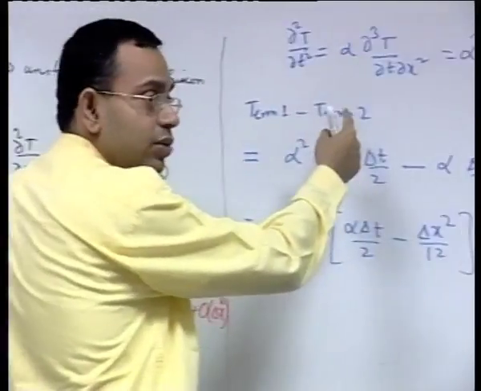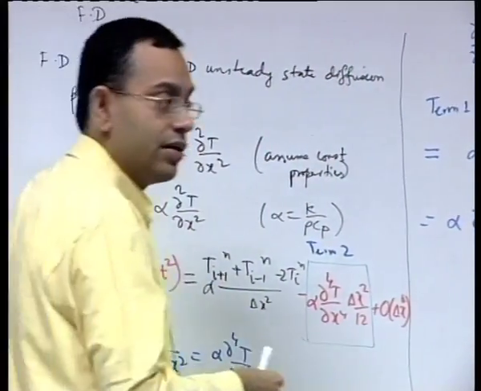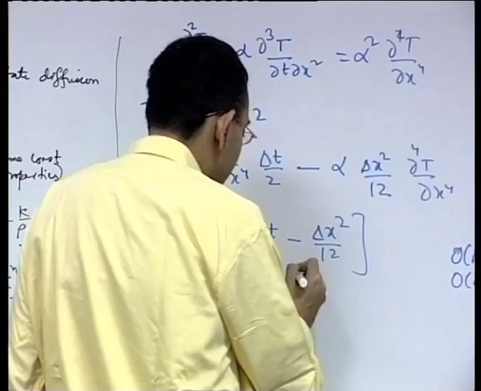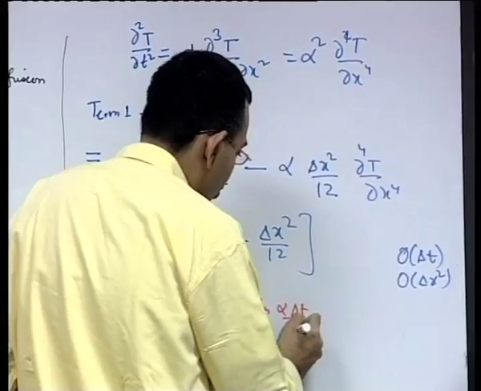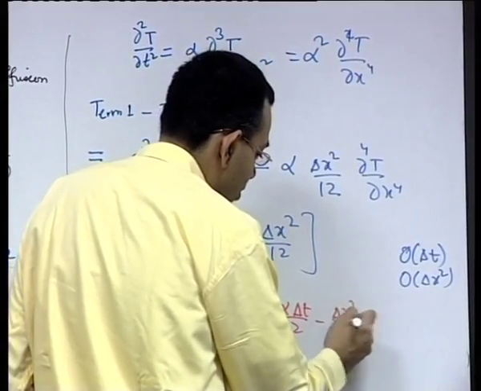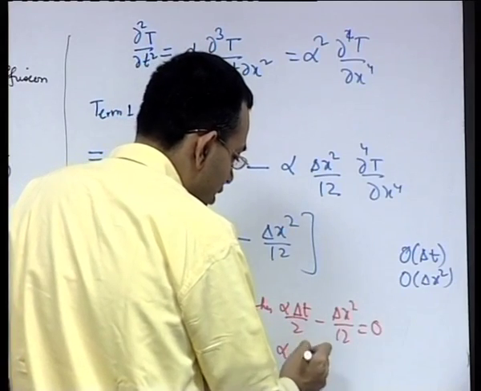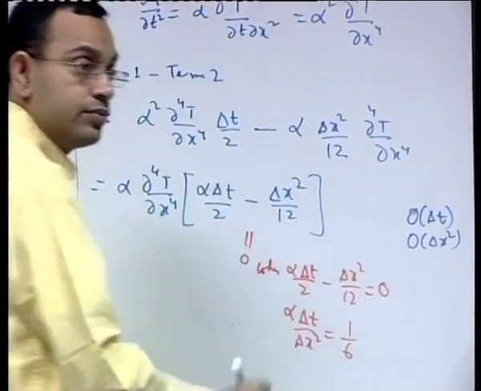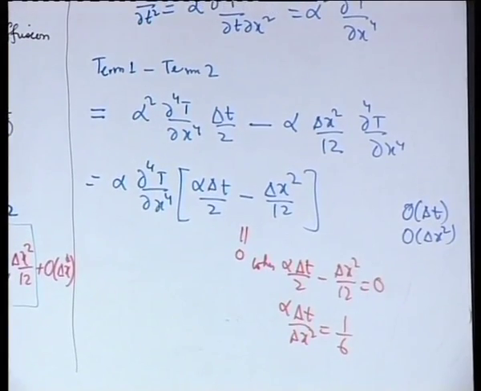When term 1 is equal to term 2, these terms in the box on the two sides get cancelled. When do they get cancelled? This is 0 when alpha delta t by 2 minus delta x square by 12 equal to 0. That means alpha delta t by delta x square is equal to 1 by 6. Of course, this is a possible choice.